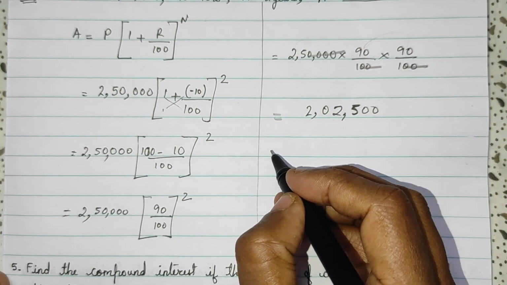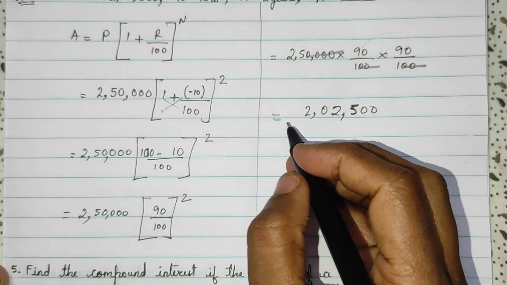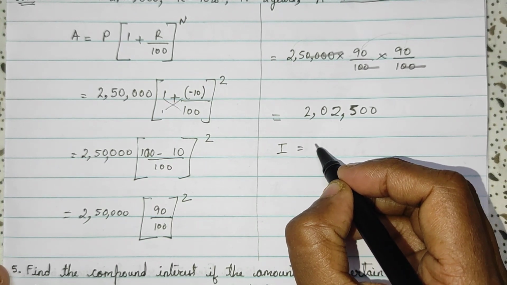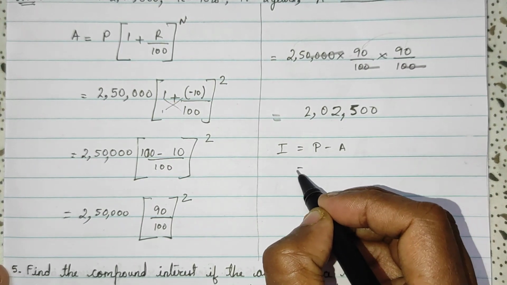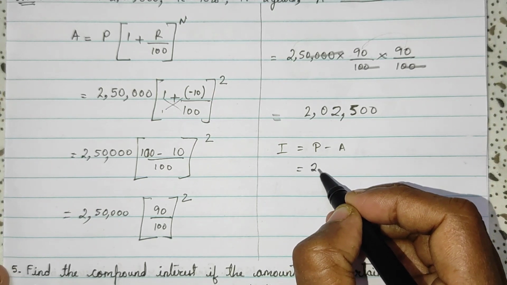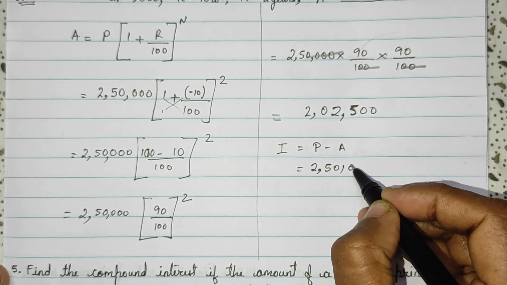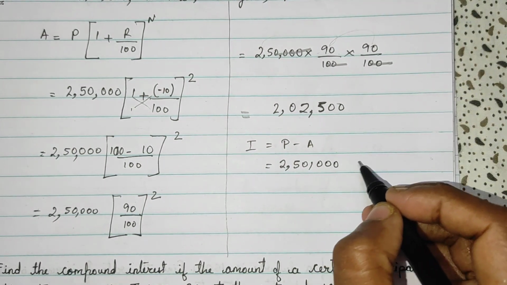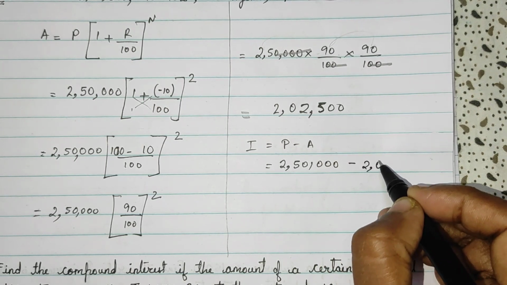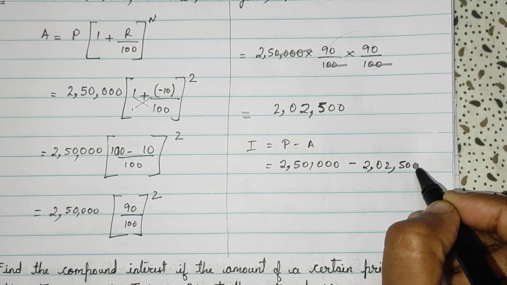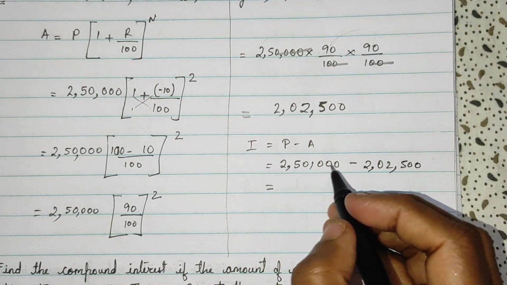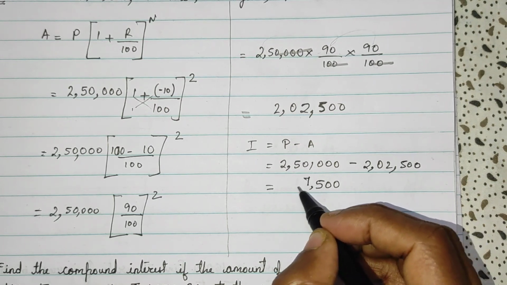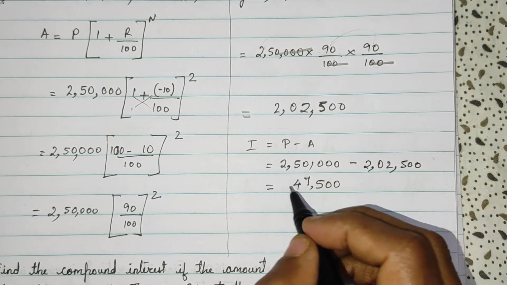So here they have asked us depreciation, that is, how much it has decreased, so what has decreased is the interest. So interest is equal to principal minus amount. So here principal was 2,50,000 minus 2,02,500. So that will be equal to 47,500.